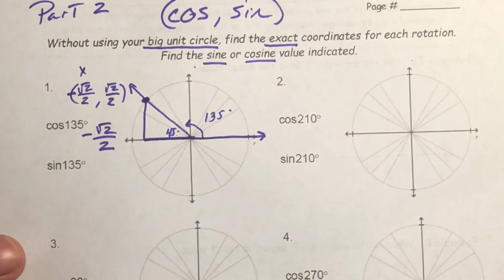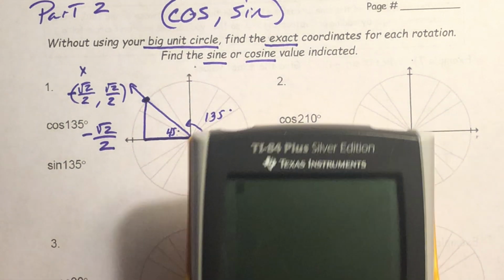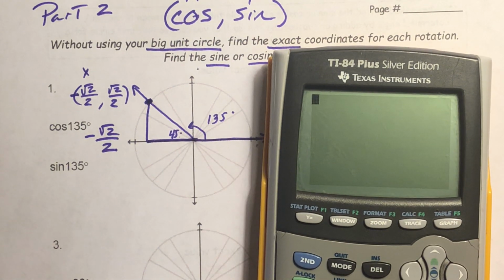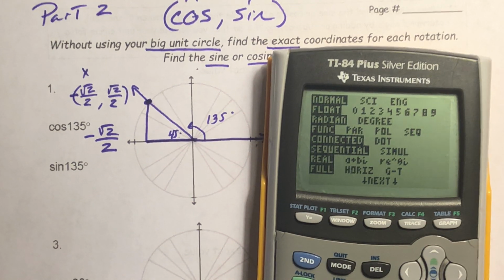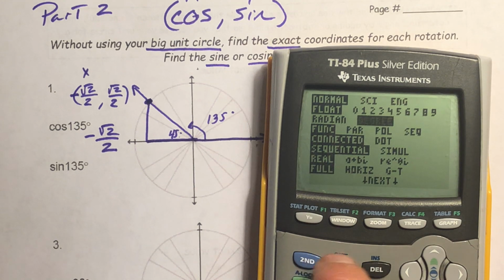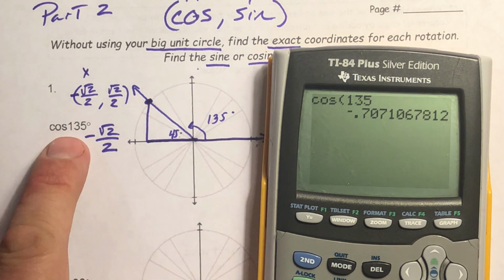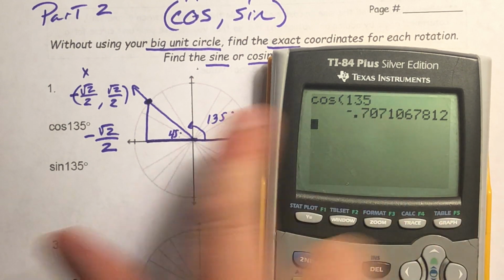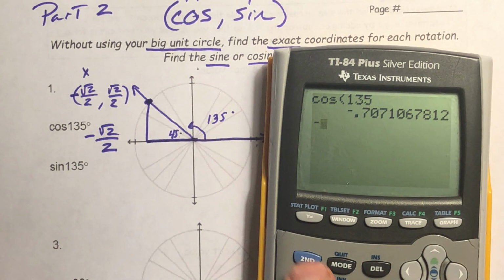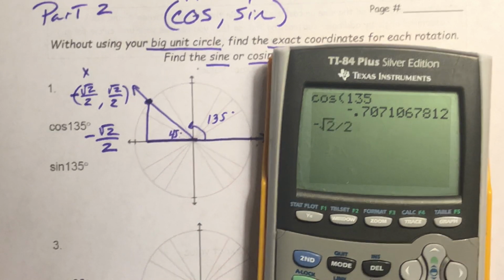All right, let me show you guys something with your calculators real quick if you guys can see this. First thing we want to do is go to mode and make sure that we're in degree mode. Okay, so we're going to make sure we're in degree mode. All right, if I want to find the cosine of 135 degrees, it comes out to that. Now look, I'm going to take my answer, negative root 2 divided by 2, and guess what?